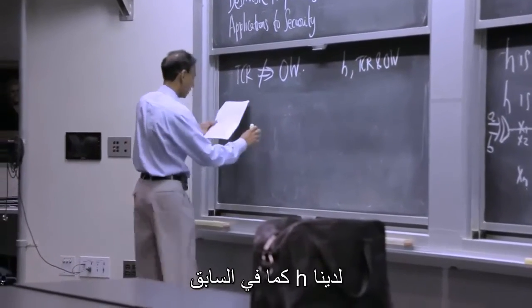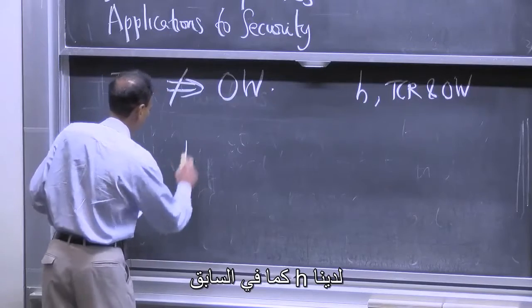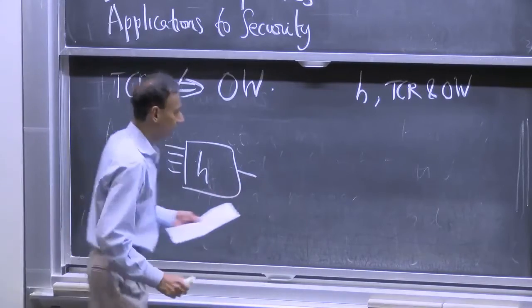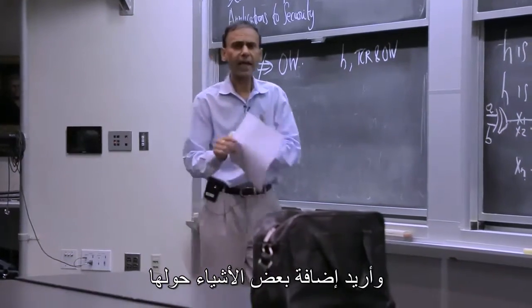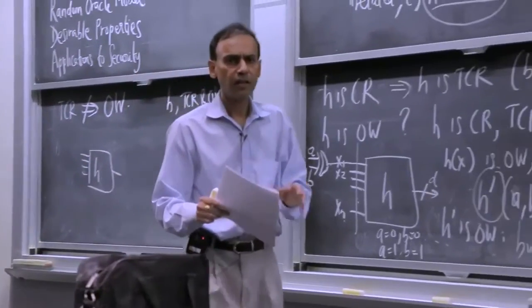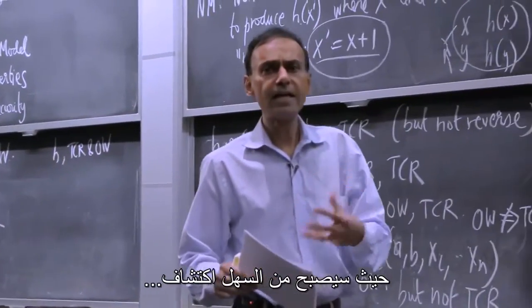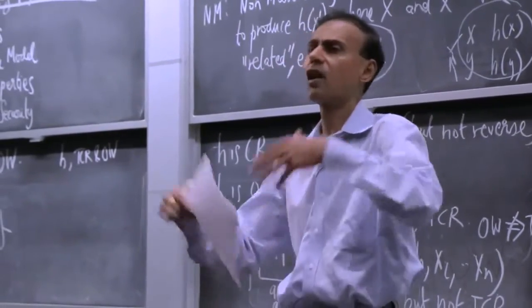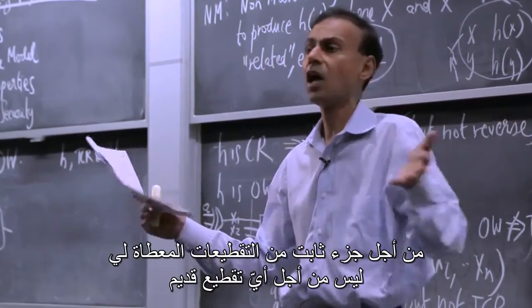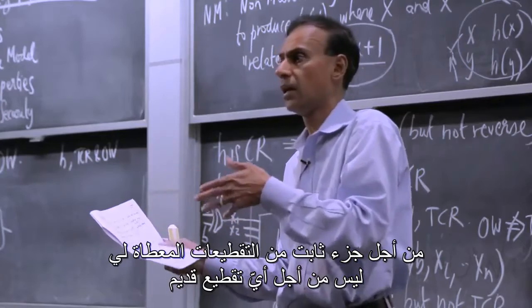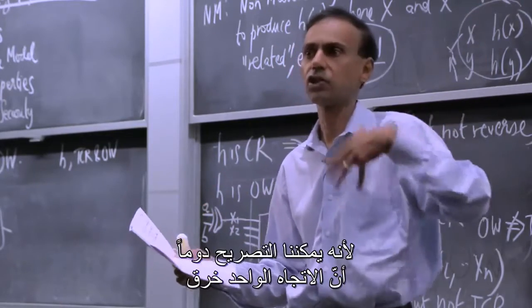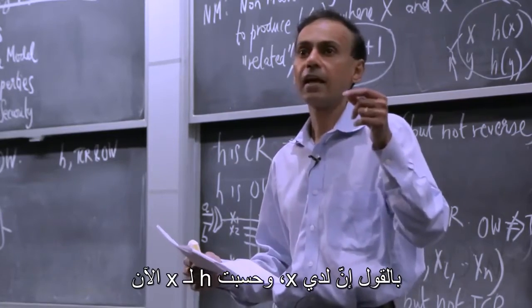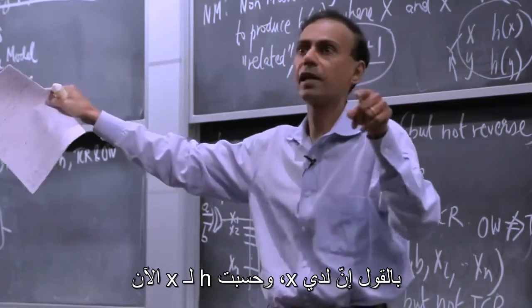You have H as before, and I want to add some stuff around it such that it's going to be easy to discover for a constant fraction of hashes that I've given to me, not for any old hash, because you can always claim that one-wayness is broken by saying I have x, I computed h of x.